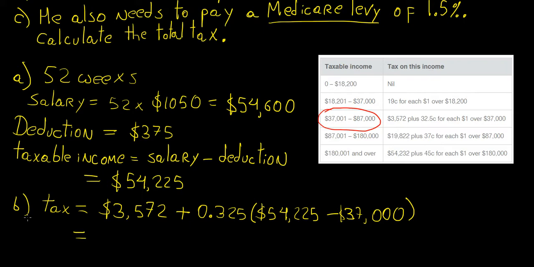So 3,572 plus 0.325, and then we have 54,225 minus 37,000, and that's going to be $9,170.13. So this is the total amount of tax that Richard would have to pay in order to meet the requirements of the Australian Taxation Office.